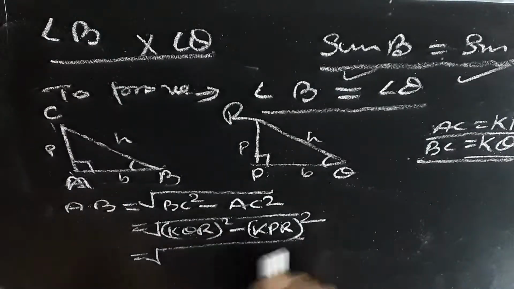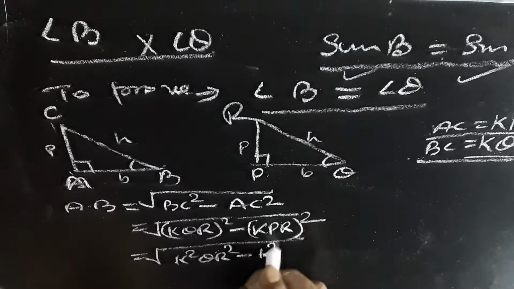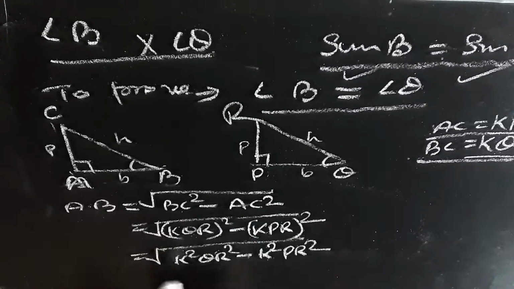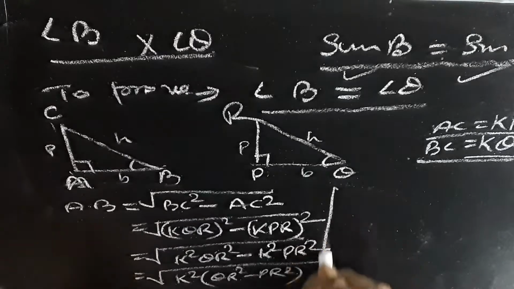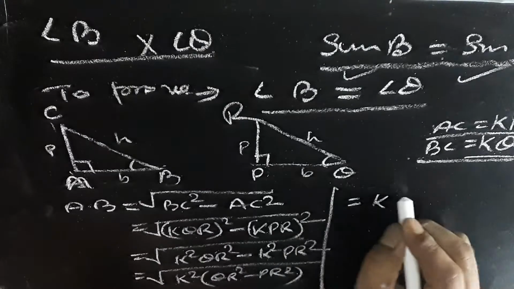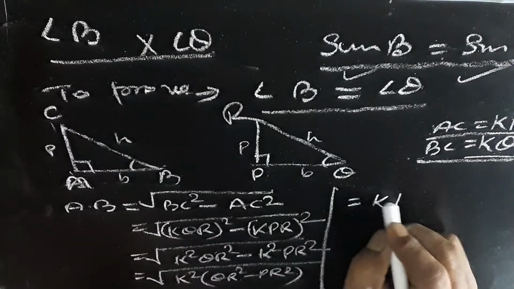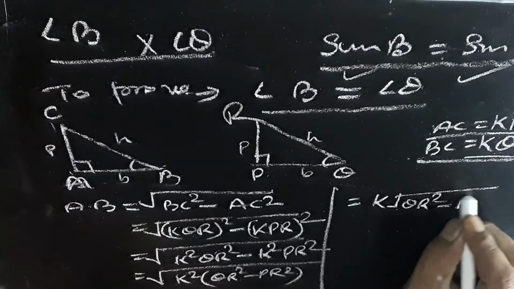Here we will get K square QR square minus K square PR square. If we take K square common here, we will get QR square minus PR square. And when we take this out, it will become K due to this root, and under root we will get QR square minus PR square.